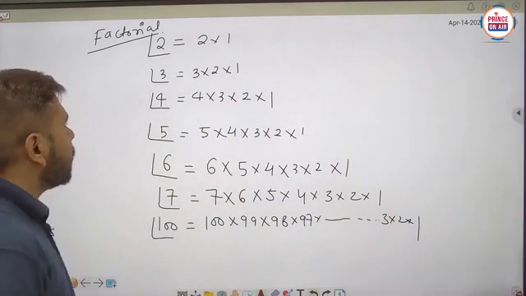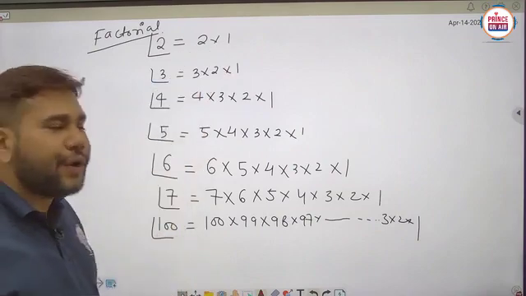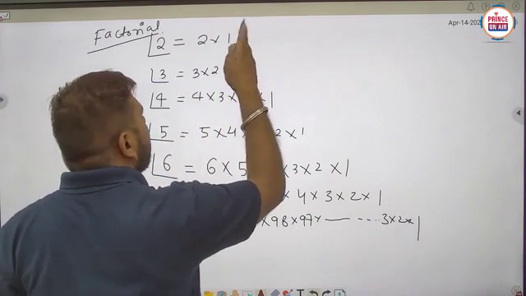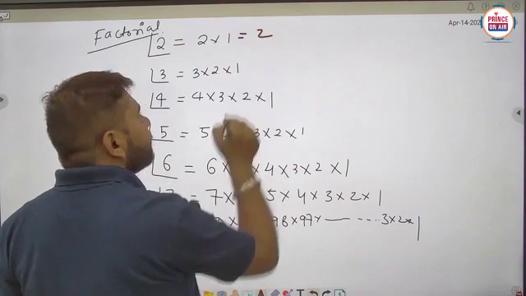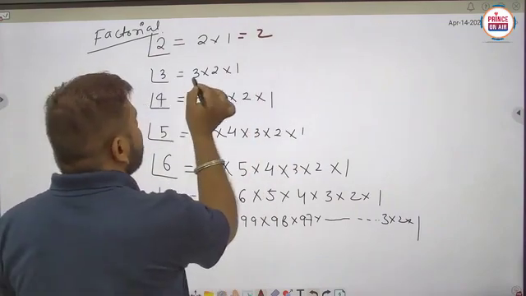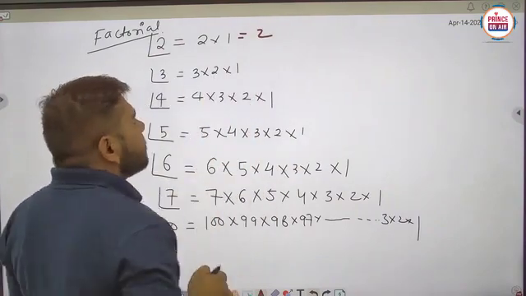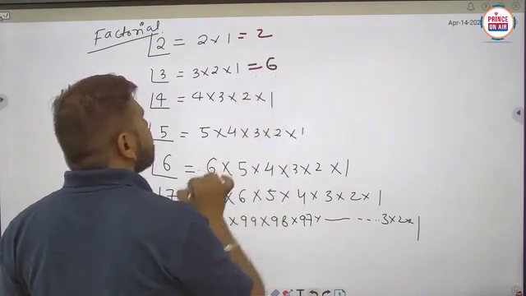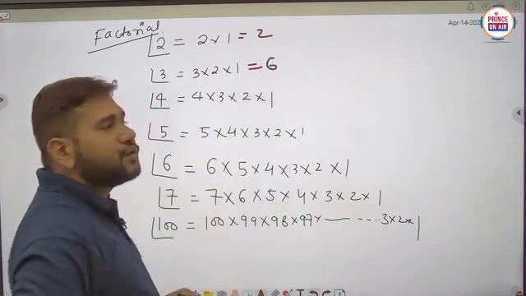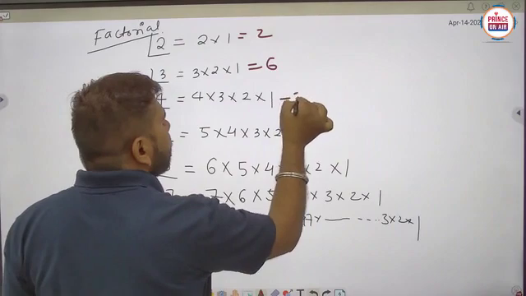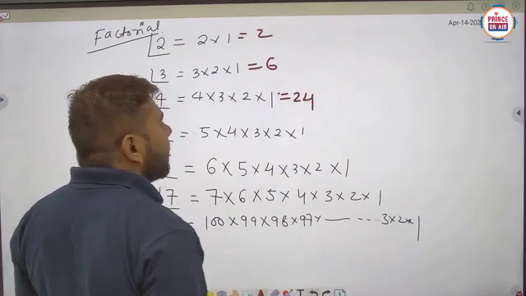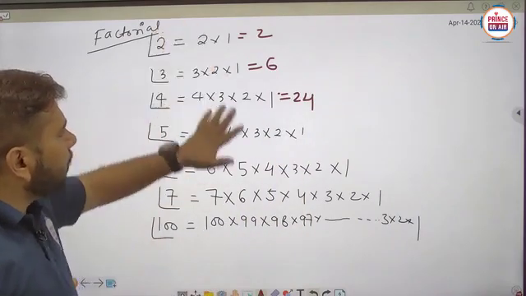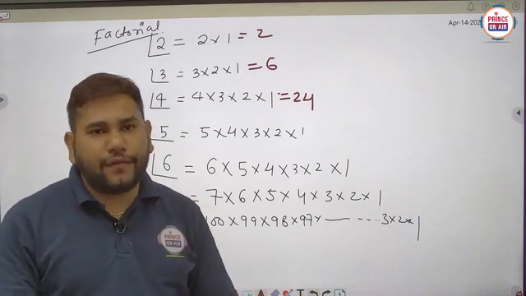Clear beta? So what is the value of factorial 2? 2 into 1, it will be 2. Factorial 3, 3 twos are 6, 6 into 1, 6, 4 threes are 12, 12 twos are 24. Clear beta? So like this you can find out the value of any factorial number.